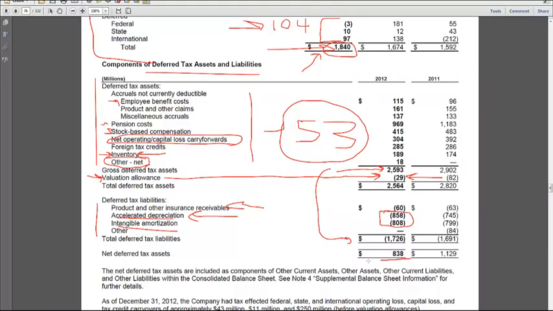And then we can see net, they have a net deferred tax asset of 838, which, as we saw, did not show up anywhere on the balance sheet, because on the balance sheet we show the jurisdictional netting stuff. But that's why I think the best place to go is the footnote, because it cuts through all this jurisdictional netting and you see the totals. This total is reflected on the balance sheet. It's just spread across those 4 line items: current and non-current liabilities and assets.